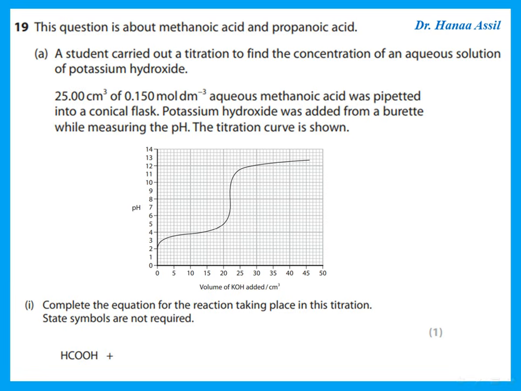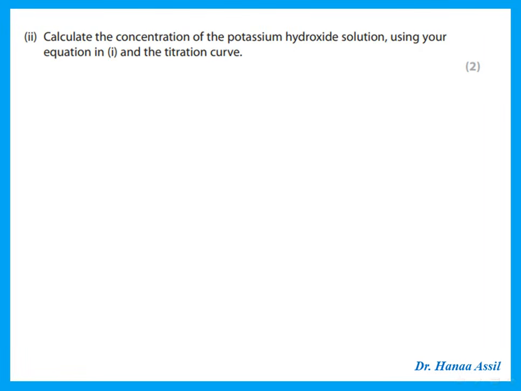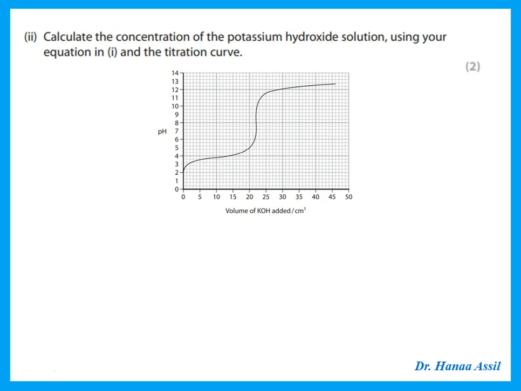First of all, complete the equation for the reaction. What is he reacting? He's reacting methanoic acid with potassium hydroxide to give the potassium salt plus water. So this is the equation.